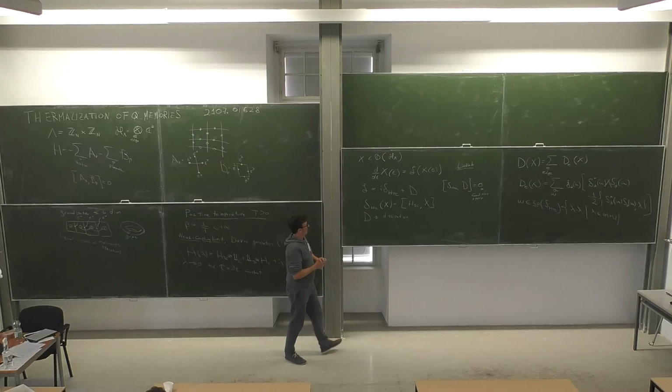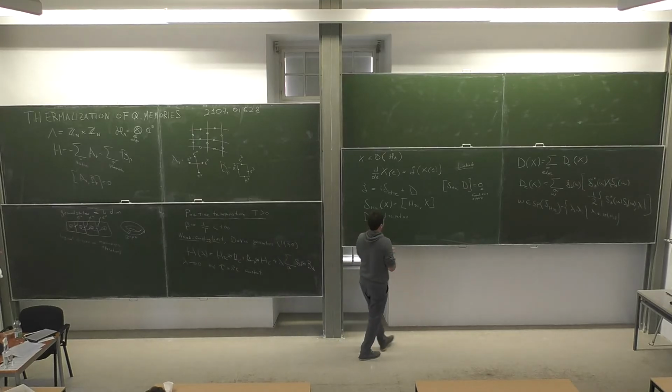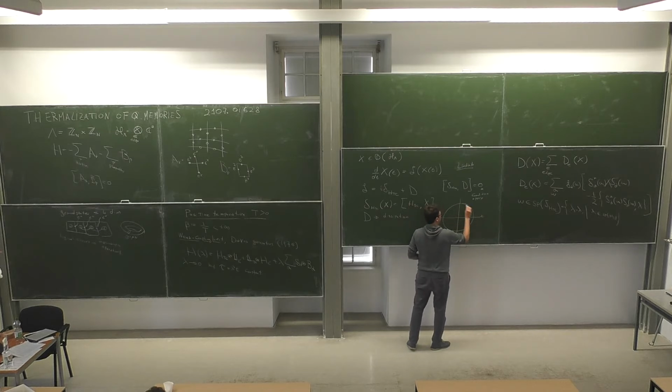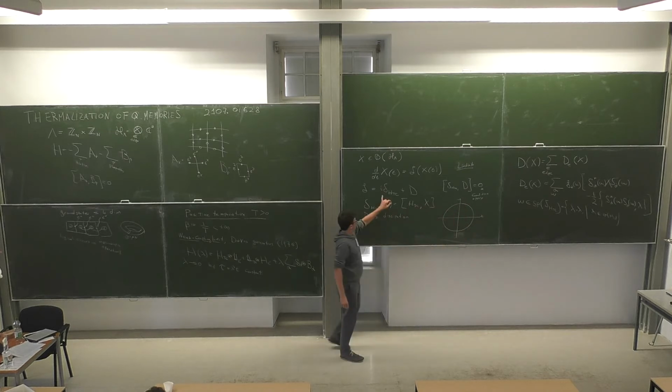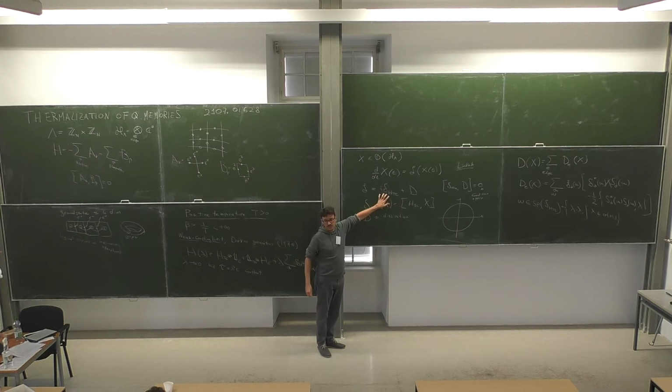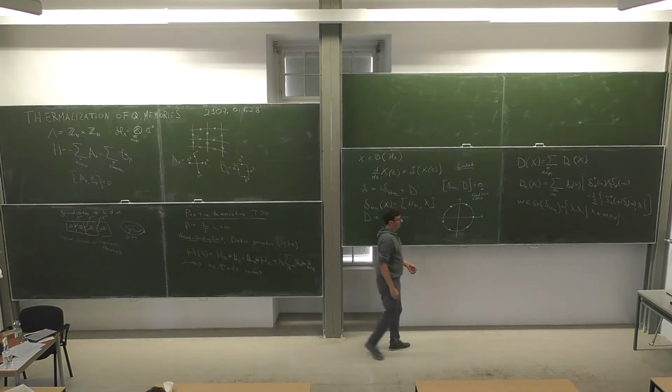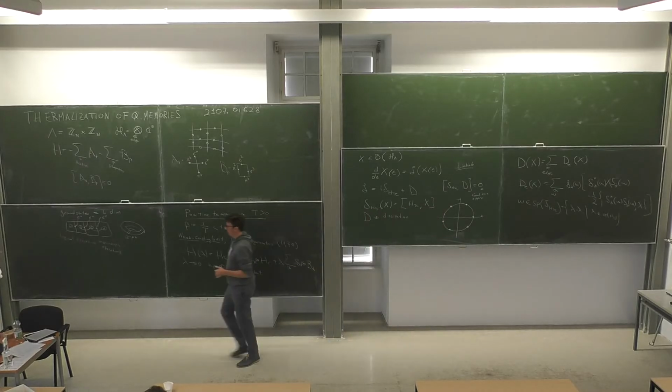And so what happens is that, if I look at the complex plane, the spectrum of this unitary generator has to live on the boundary of the unit circle, because it's a generator of a unitary evolution.